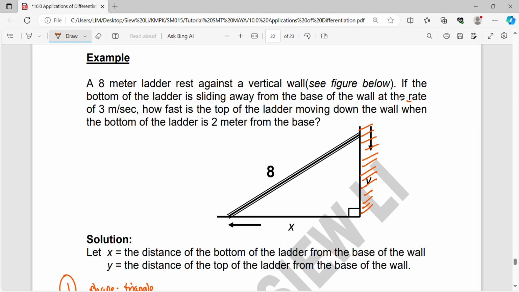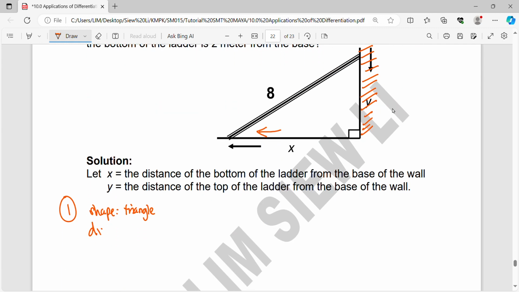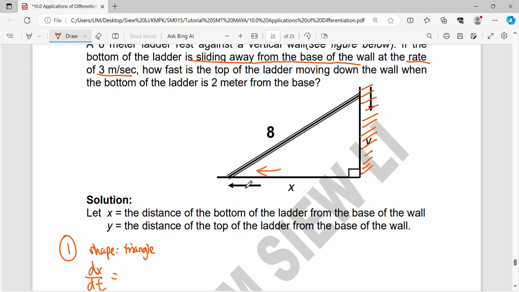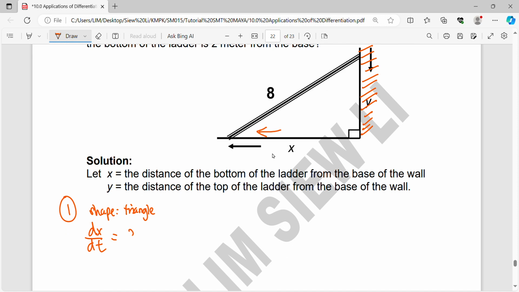The rate is 3 meters per second. The ladder is sliding away from the base, so this one is moving away. So this will be dx/dt. As it's sliding away, this length is increasing. You can see it's getting longer. So therefore, this rate will be positive 3 meters per second.